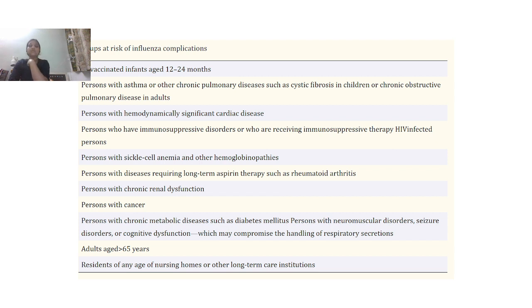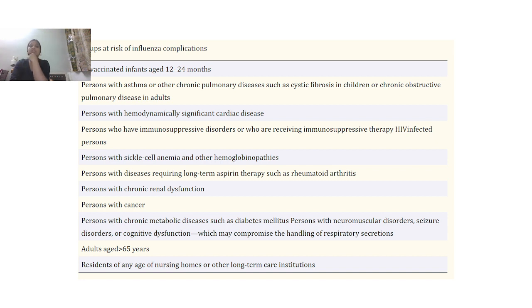Then persons who have cardiac disease, cardiovascular disease, are also susceptible. And then people who have an immunosuppressive disorder or who are receiving some immunosuppressive therapy, for example, HIV infected people whose immune system is destroyed by the HIV, are also very susceptible.